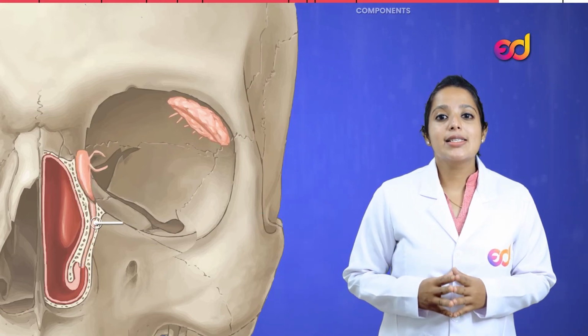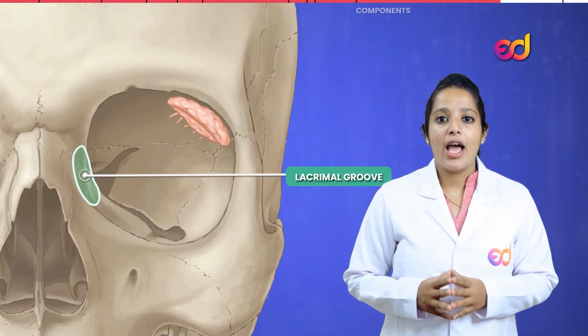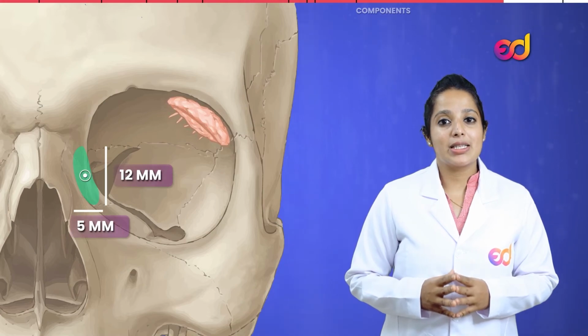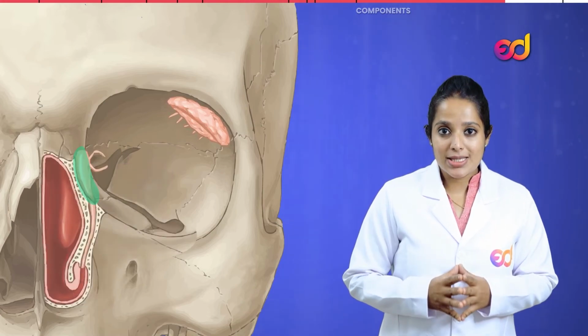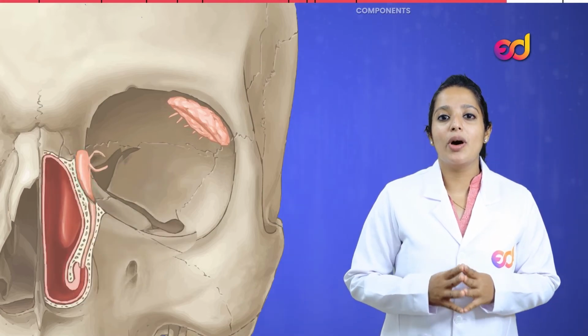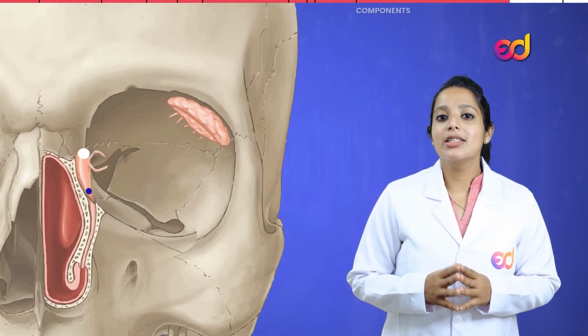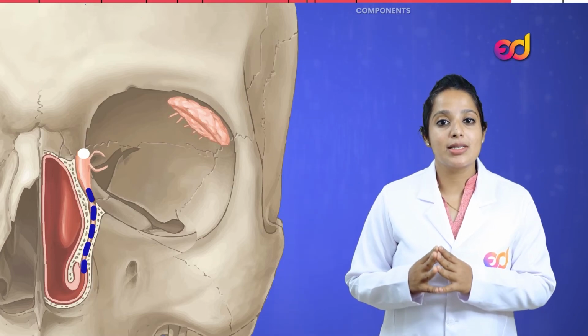The sac is located in the lacrimal groove and measures 12 millimeters in length and 5 millimeters in width. The lacrimal sac has an upper and lower end, with the upper end being blind and the lower end continuous with the nasolacrimal duct.